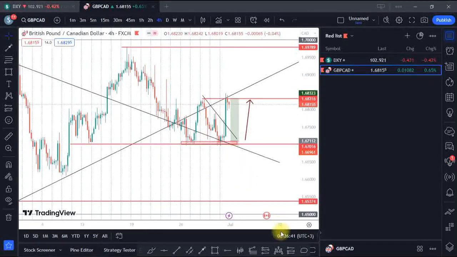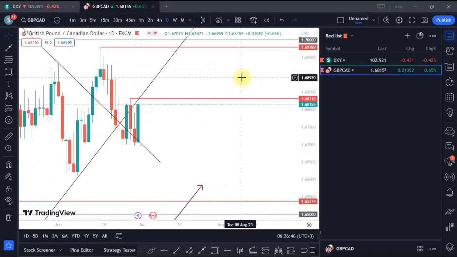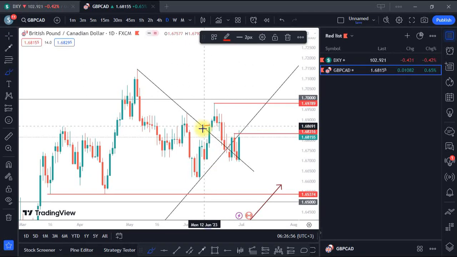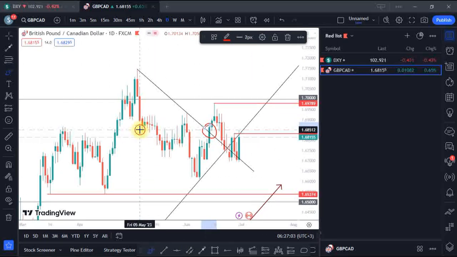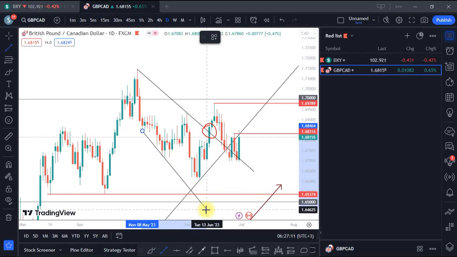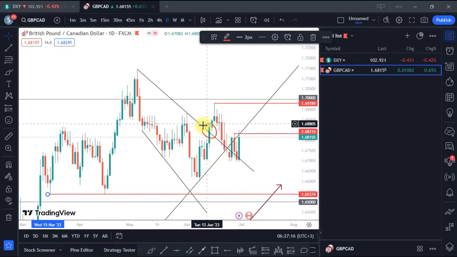And then if you check the daily over here, you see that I had my trend line cutting across here. What I noticed is that there was a channel break for this channel. Let me point it out clearly so that everyone knows. This is the channel I'm talking about, and it was broken here.